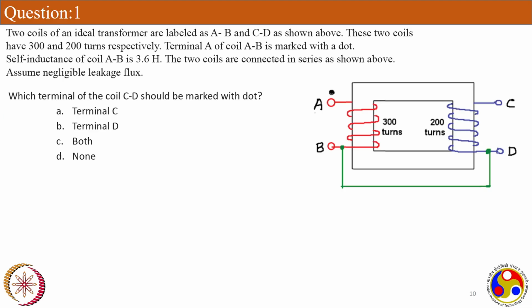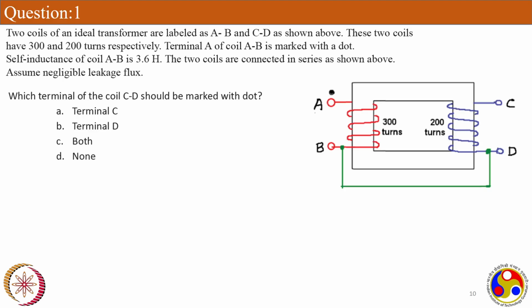We have question number 1. We have two coils of an ideal transformer. Ideal transformer means there are no leakages. We have an ideal transformer having two coils labeled AB and CD, as you can see from the figure. These two coils have 300 and 200 volts respectively.